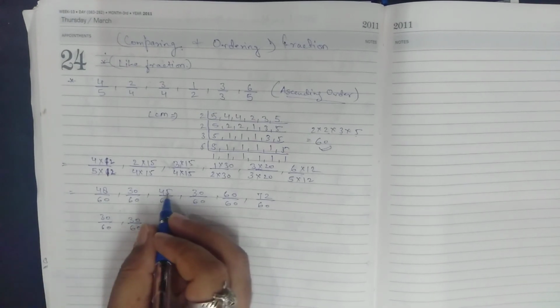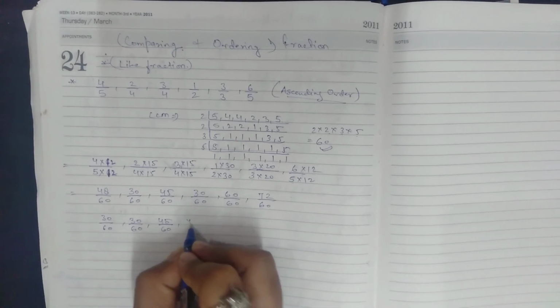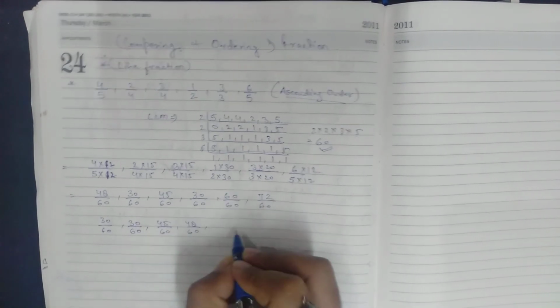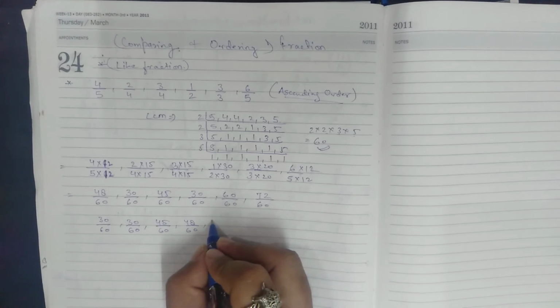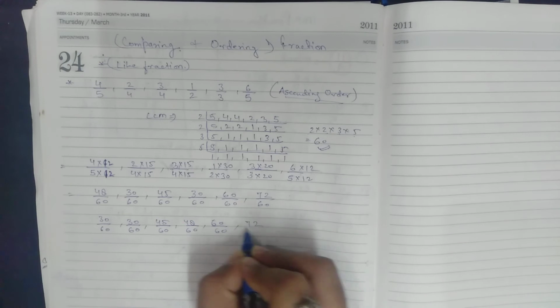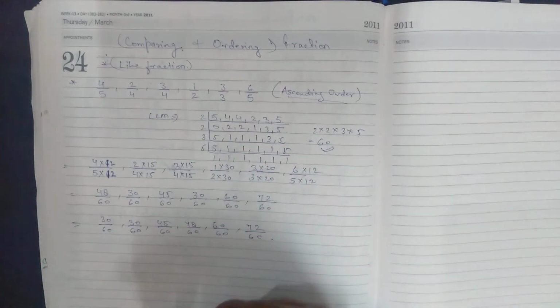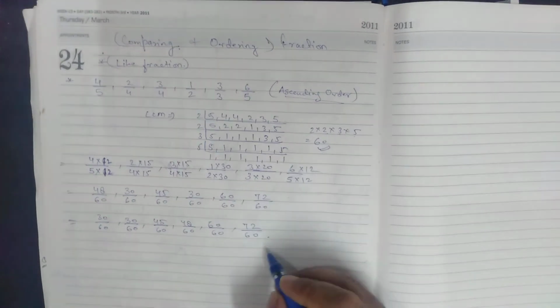Then 45, next 48, next 60, next 72. Done? This is the ascending order.